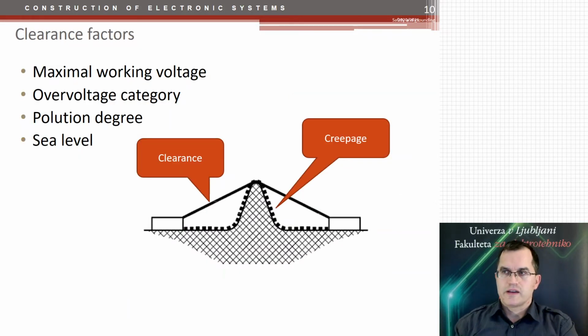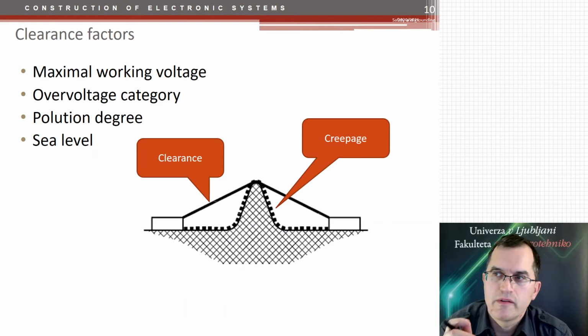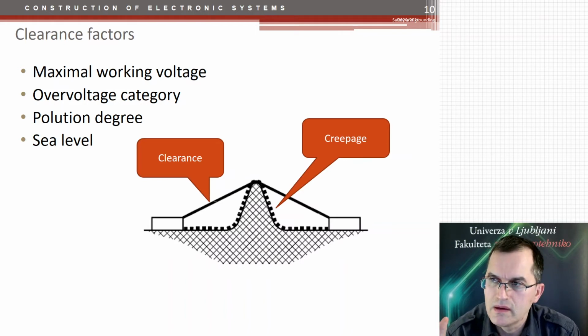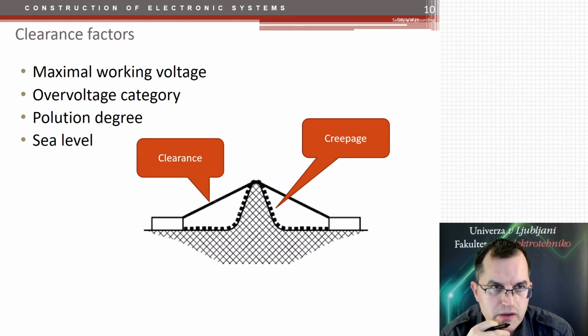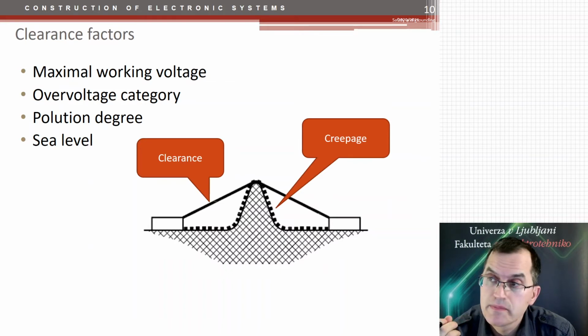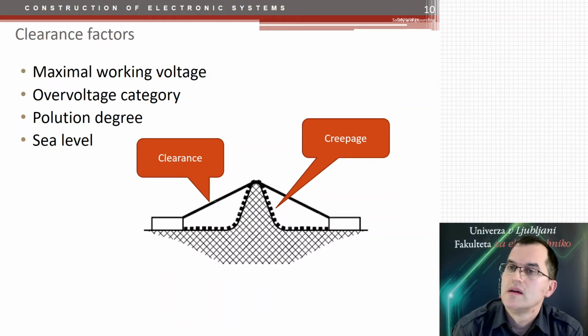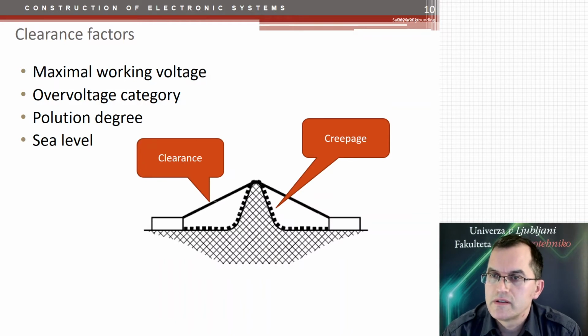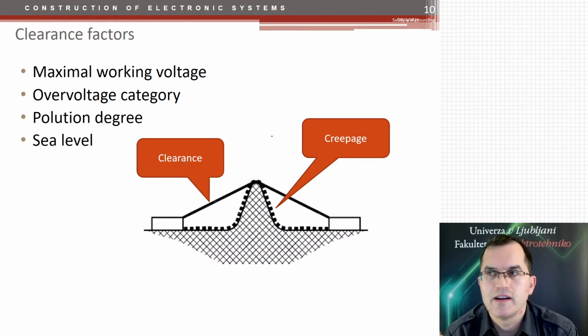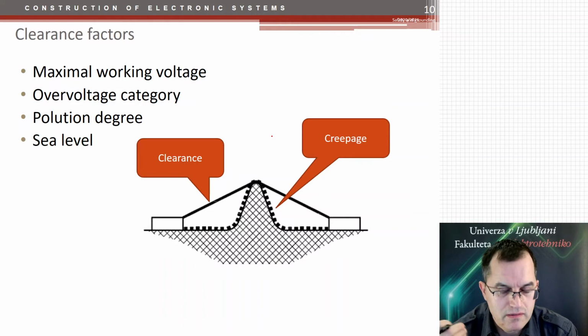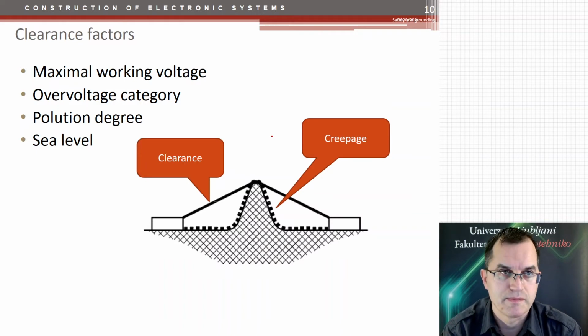The clearance factors are defined by four different parameters: the maximum working voltage, the overvoltage category of your device, the pollution degree of your environment, and the sea level. Now let's go first through these main parts. The maximum working voltage is defined by the power supply of your device.